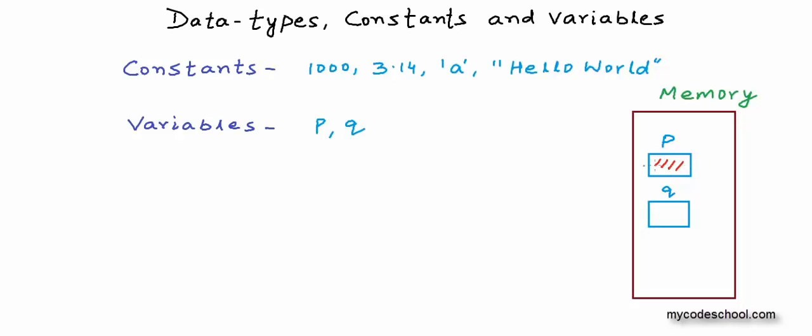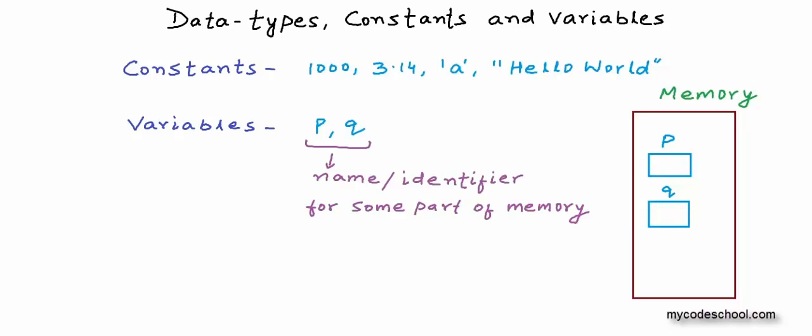Basically, we can read and write to this section of the memory. Similarly, Q is another variable that is an identifier for this part of the memory. Once again, using the identifier Q, we can read and write to this part of the memory. In programming, quite often we use this term identifier for name. That's why I'm saying identifier a lot of times.